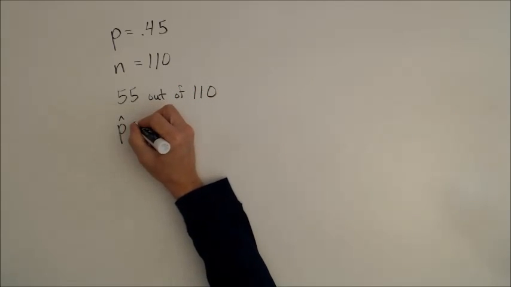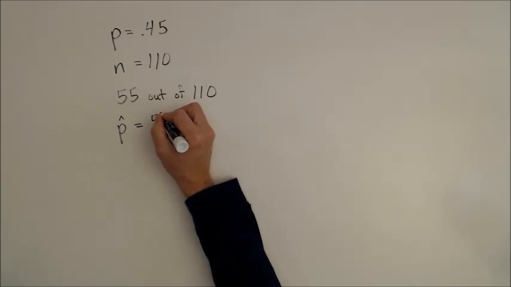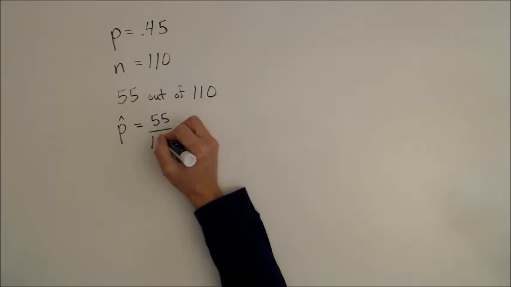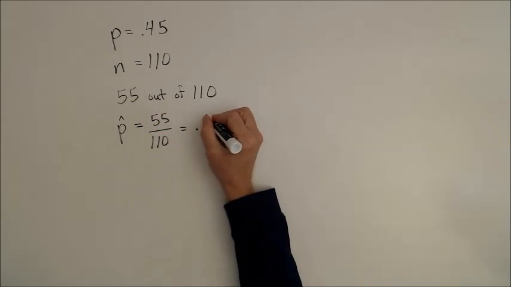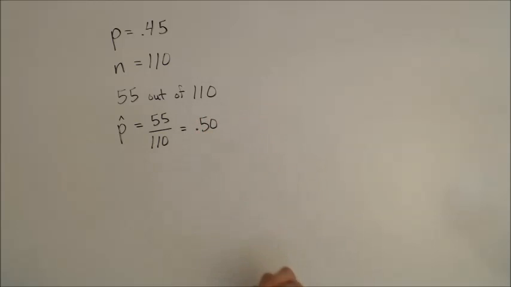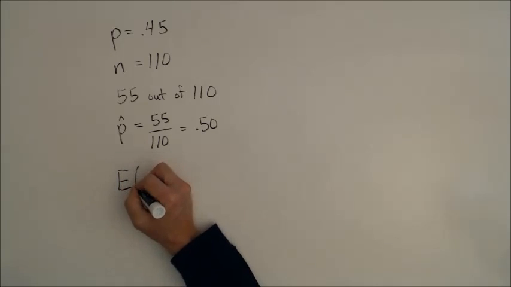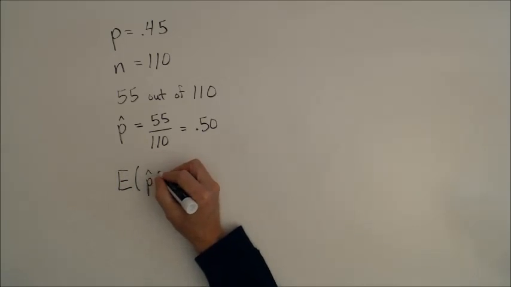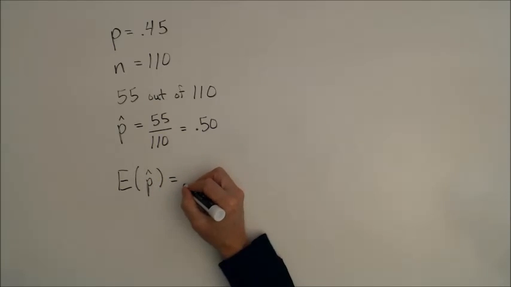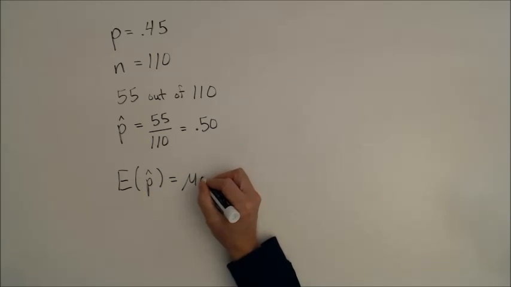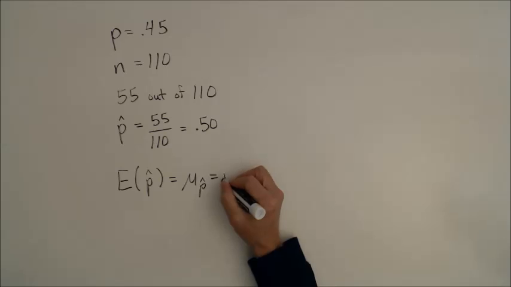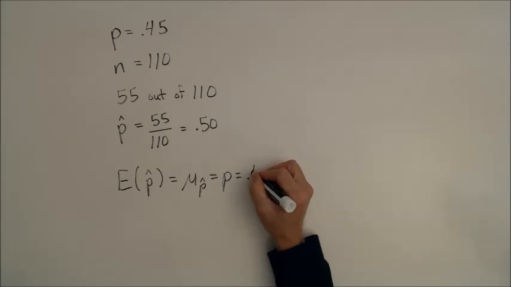Our sample proportion is 55 out of 110, or 50%. If the population proportion is indeed 45%, then the expected value of the sample proportion, or in other words, the mean of these sample proportions, is also 45%.